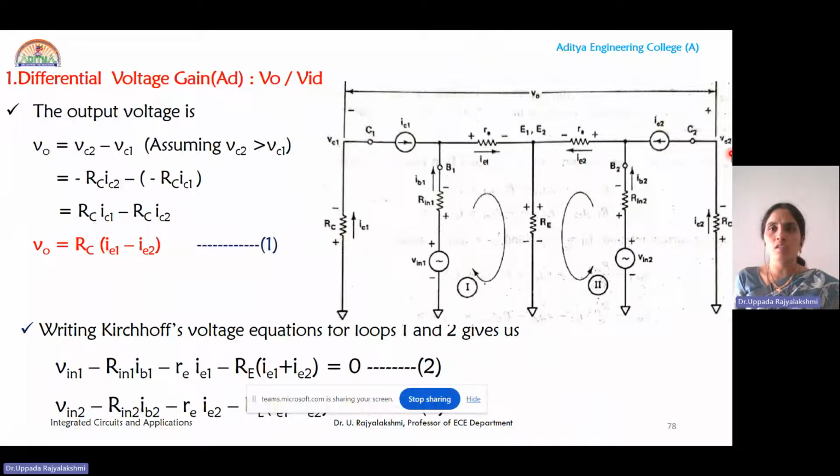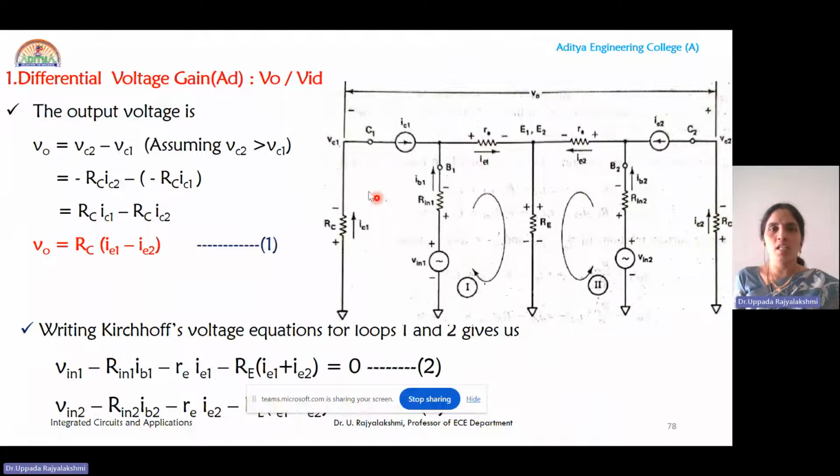So it can be VC1 minus VC2 or VC2 minus VC1. Here I have assumed VC2 at higher potential compared to VC1. So that's why the output voltage is VC2 minus VC1, where VC2 is minus RC into IE2 or IC2.